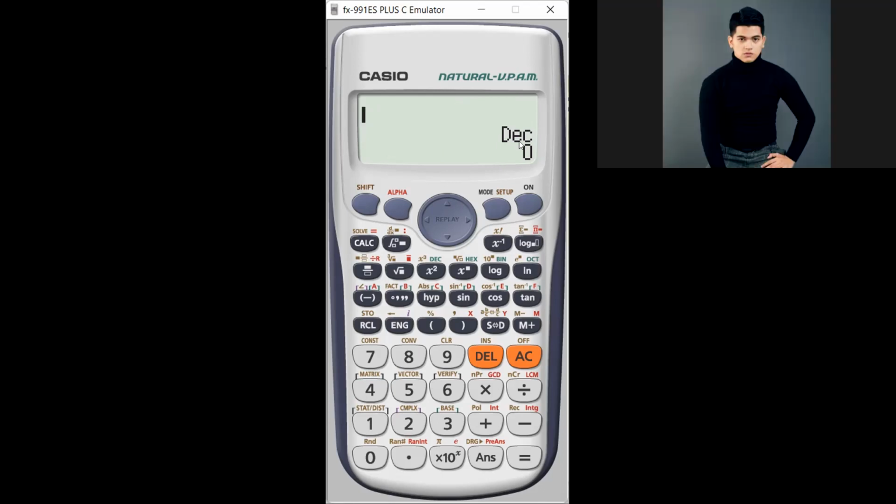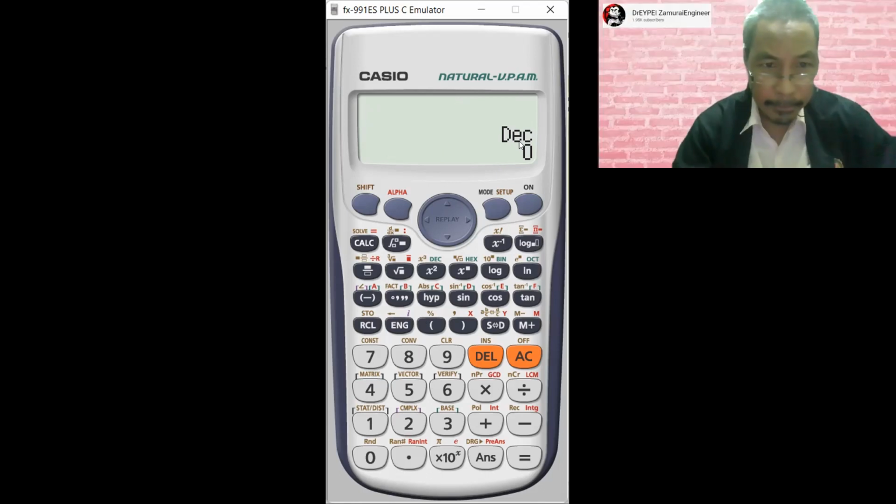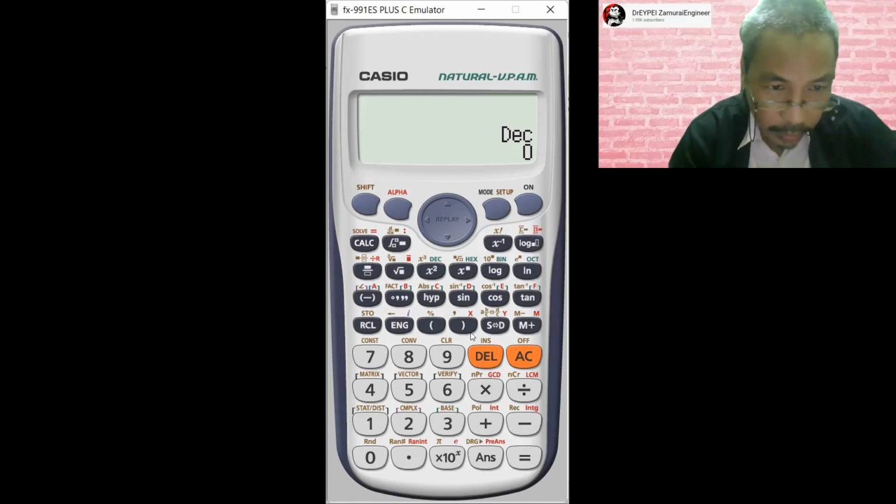However, Sir, we have try nyo po yung alpha po. The knowledge how to do it manually. Okay, so I am just looking at how to do it in the calculator. We know how to do it manually. We already have a video lecture on that. There is no color green.